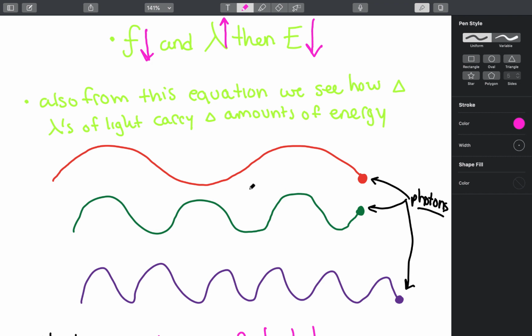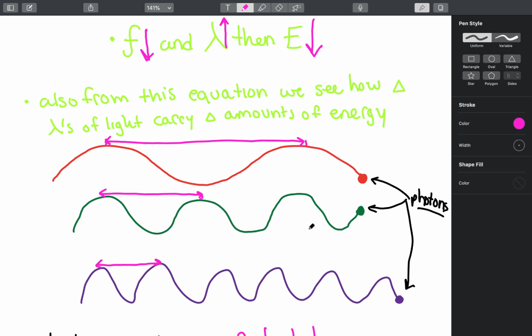So let's compare the wavelengths of each of these types of light. Let's look at the red light first. The red light has this long of a wavelength. Now these are not to scale. Green light has this long of a wavelength, because remember, wavelength goes from either peak to peak or trough to trough. And then violet has the smallest wavelength.